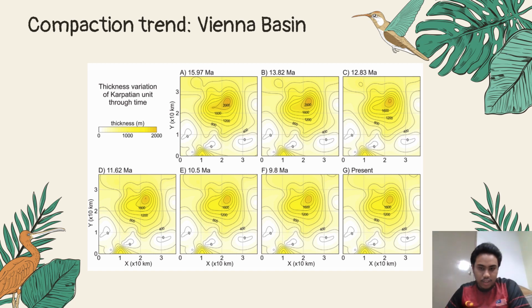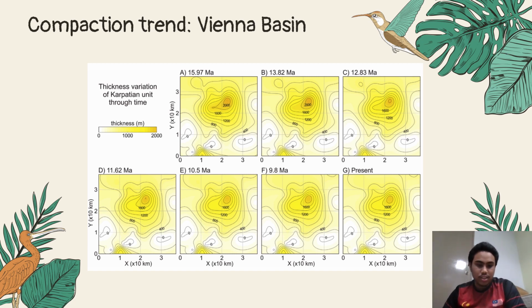At 15.97 million years ago, the highest thickness is 2,000 meters, and the thickness drops to 1,600 meters at 12.83 million years ago, as the layer has been compacted but sedimentation is still running.